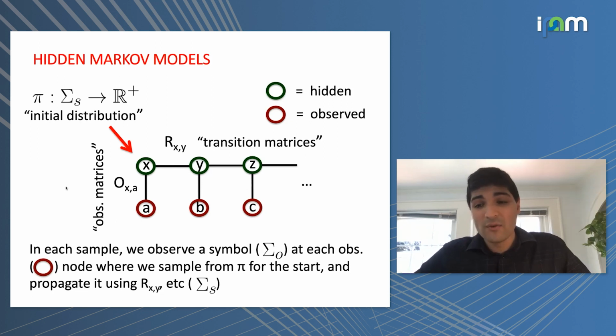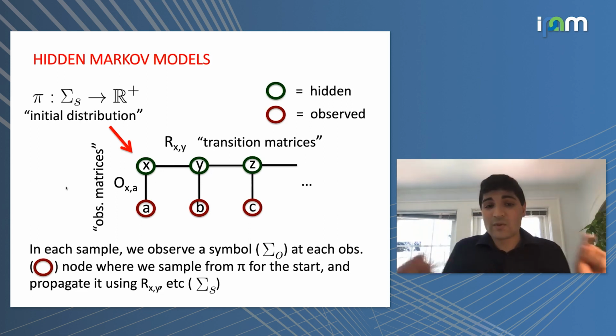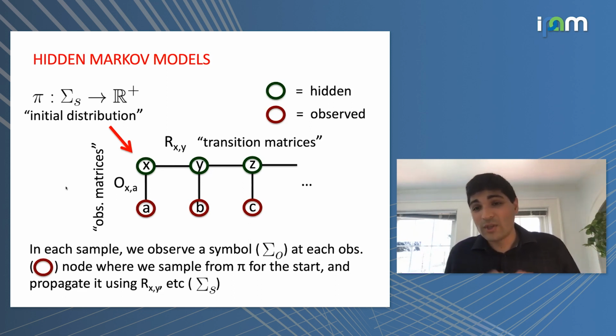They also show up in different kinds of sequence and text analysis. Maybe you want to use them to translate between different languages. So you can think about having some sort of hidden state that represents something about what you want to say in the sentence in some little window.